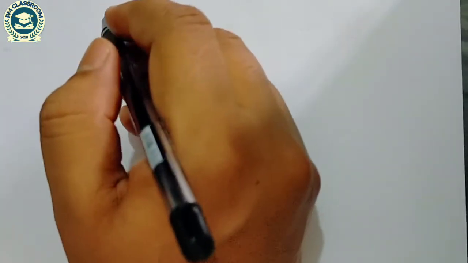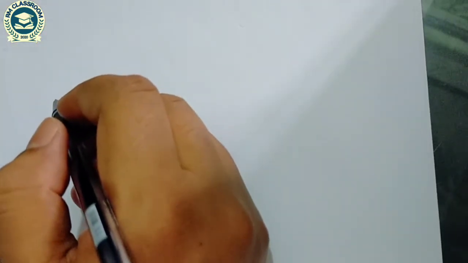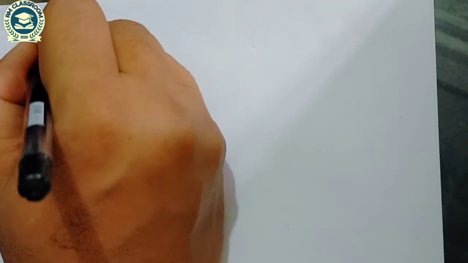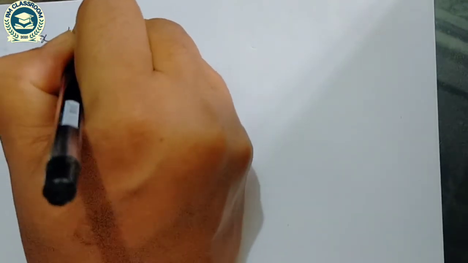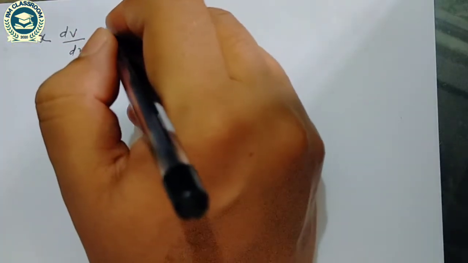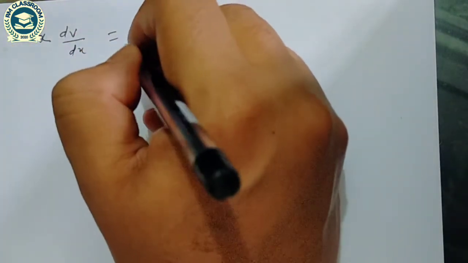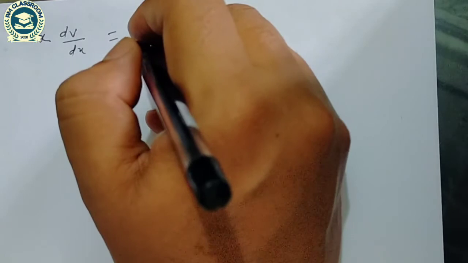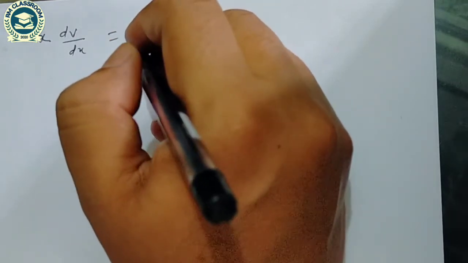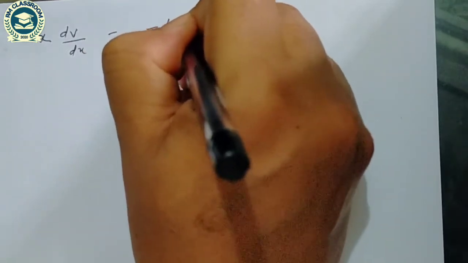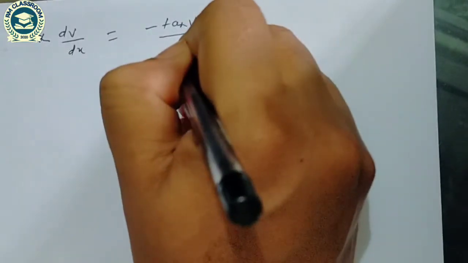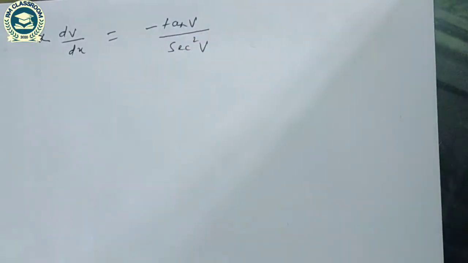So it can be written as x dv by dx is equal to, x cancels out, v sec square v and v sec square v cancel, so minus tan v divided by sec square v.